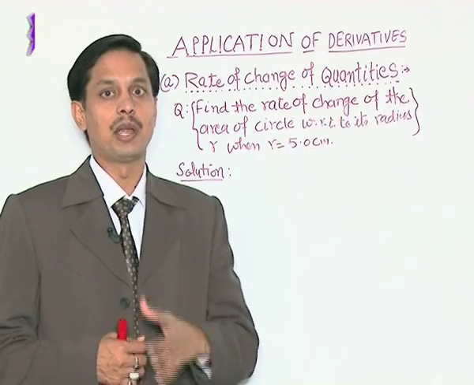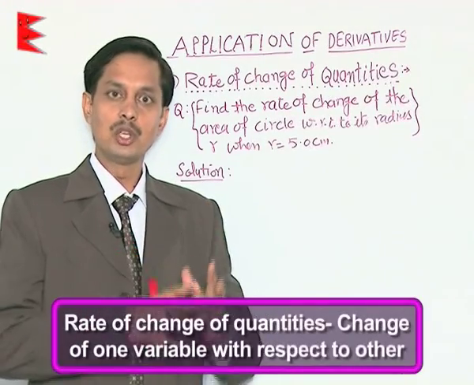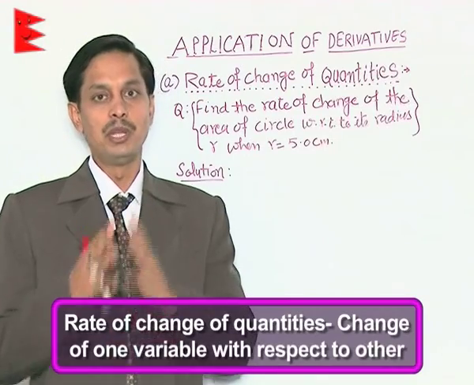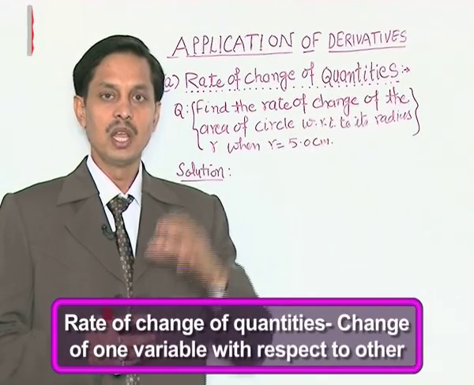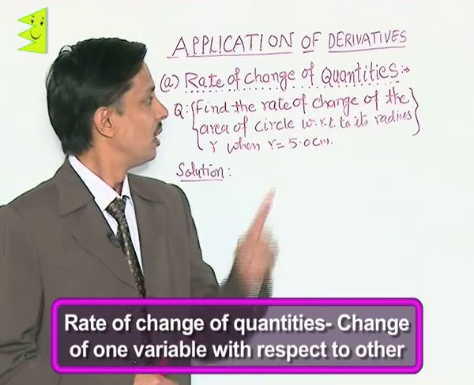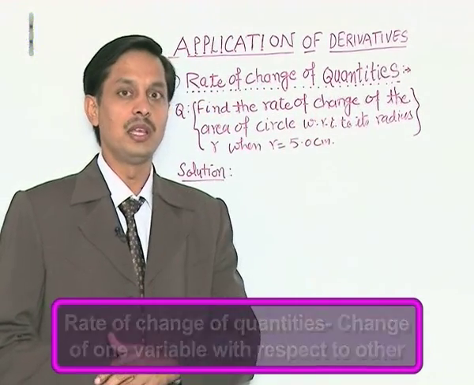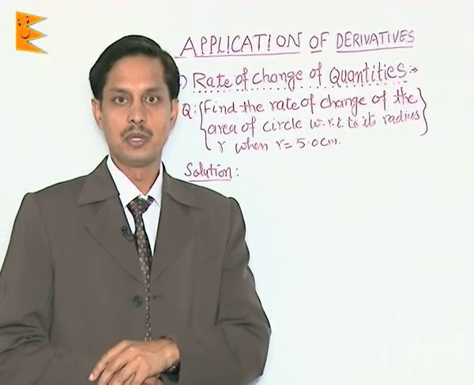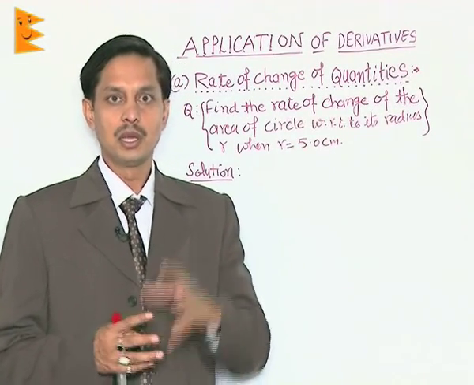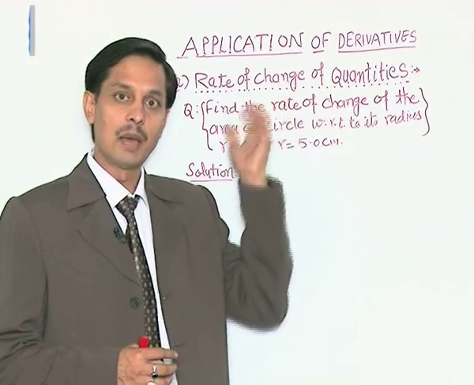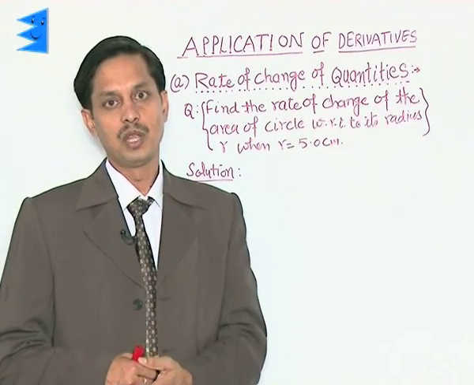It is with respect to time. So, change of one variable with respect to another is known as the rate of change of quantities, and definitely solving the problems of this subtopic comes under the application of derivatives.